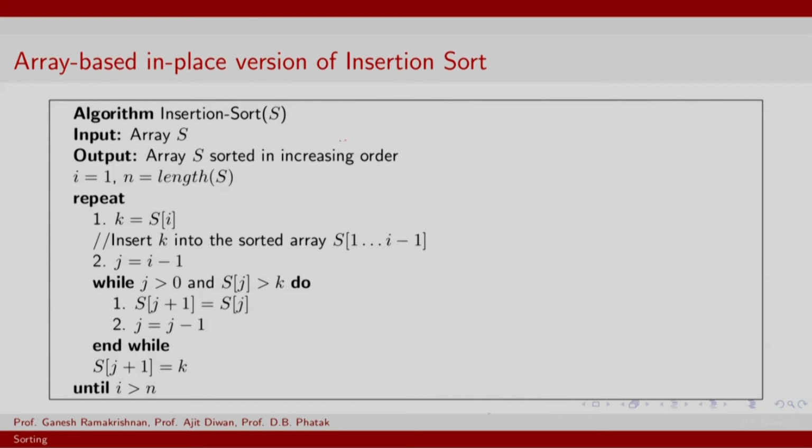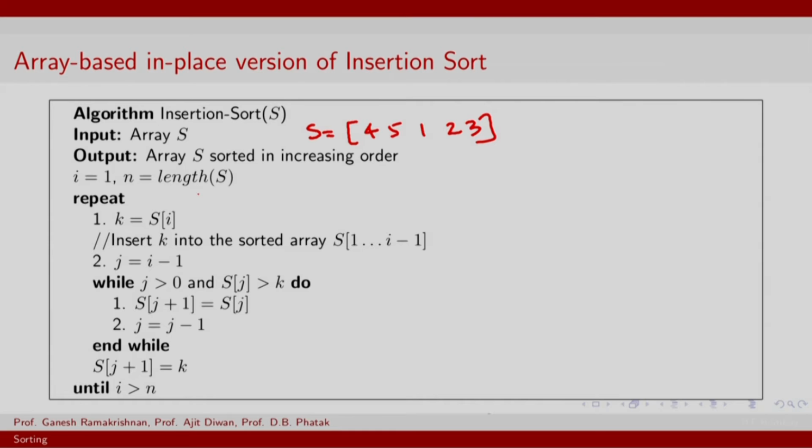So as explained earlier, you will still have S which is 4, 5, 1, 2, 3. The output is to get the same elements in S but sorted in increasing order.